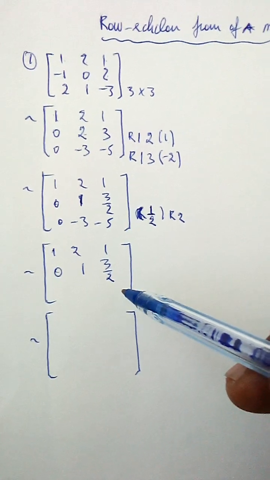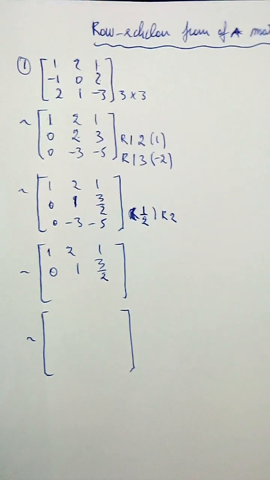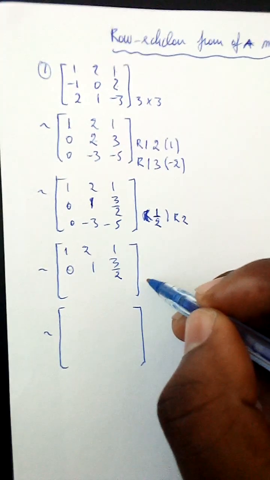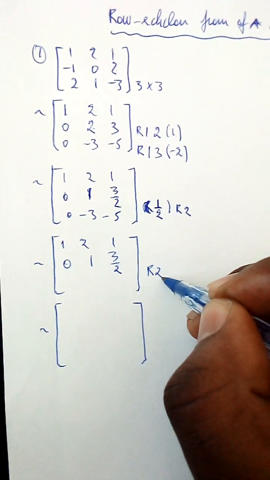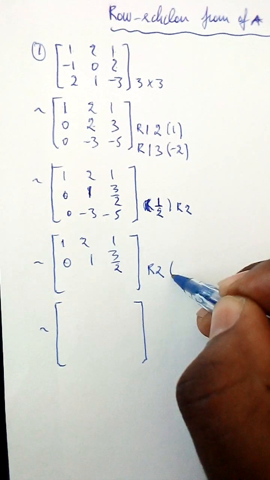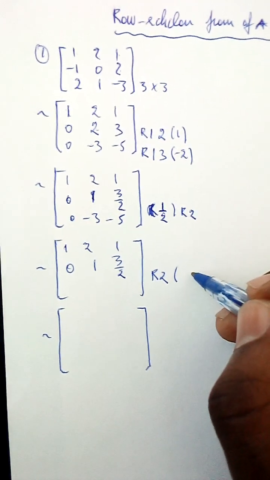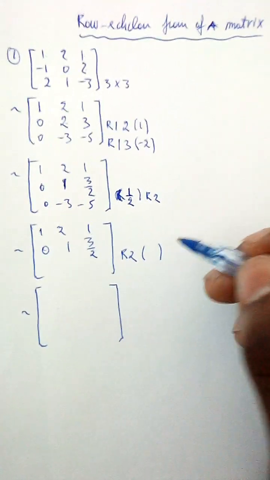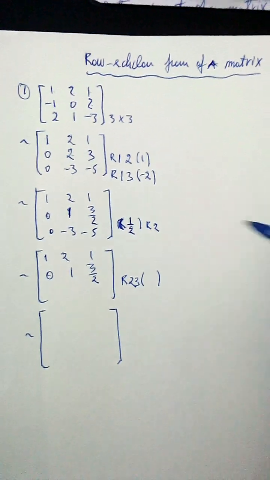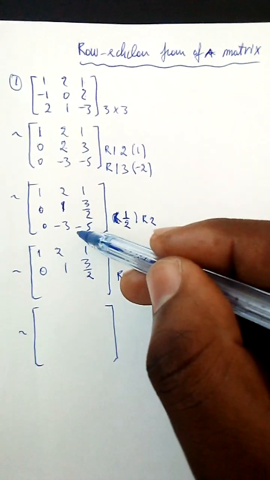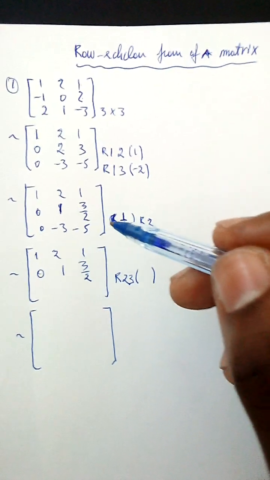This is a form of Row Echelon form of a matrix. We are using the second row, R2. So what is next?